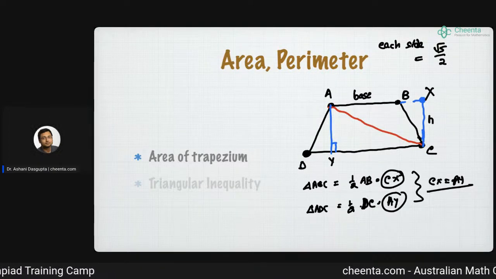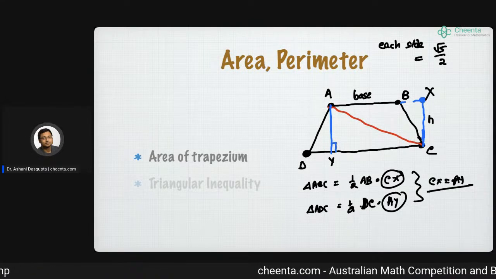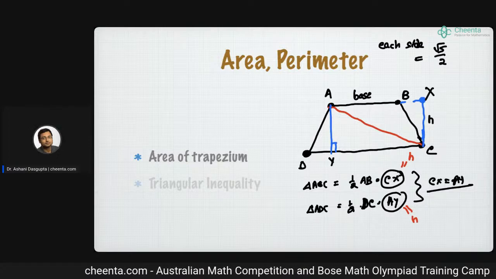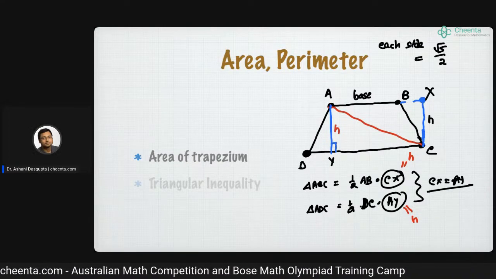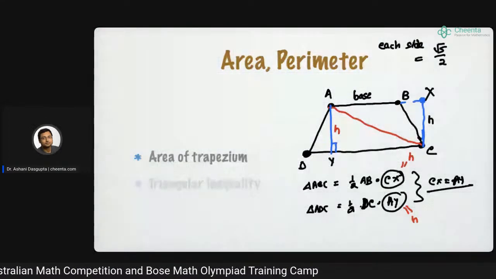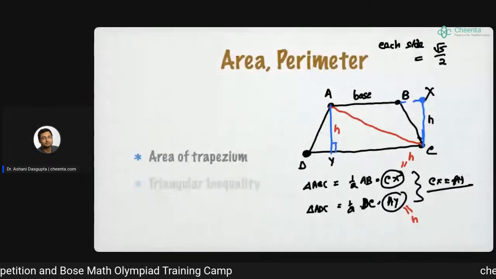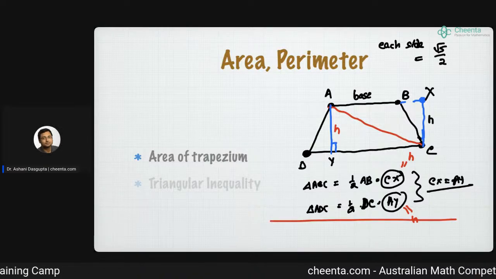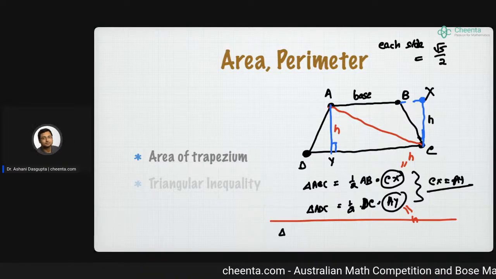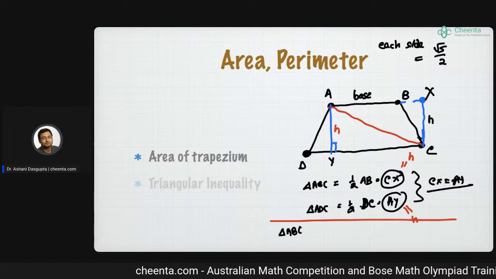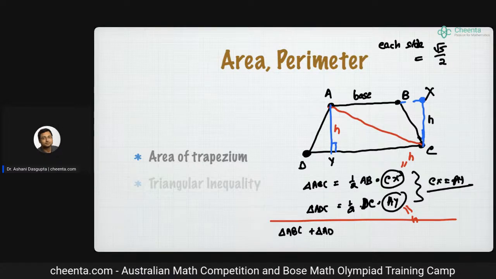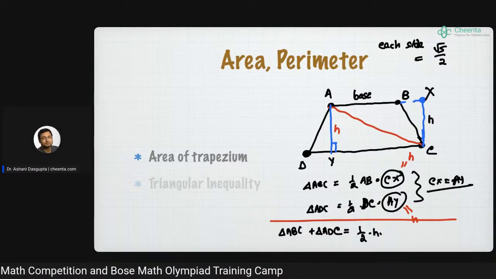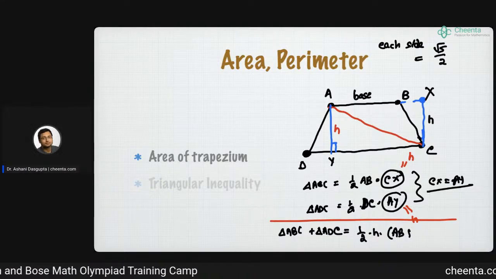So this CX is equal to H, and AY is also equal to the same number H, because both of them represent the distance between the two parallel lines. So now we can add them again. So triangle ABC plus triangle ADC is equal to half of H times AB plus CD.